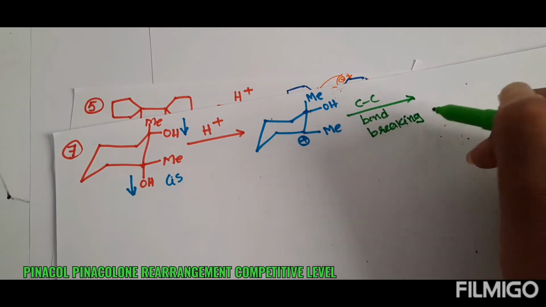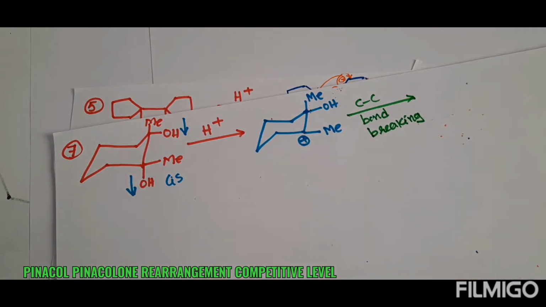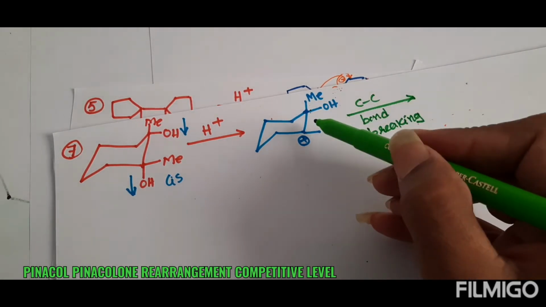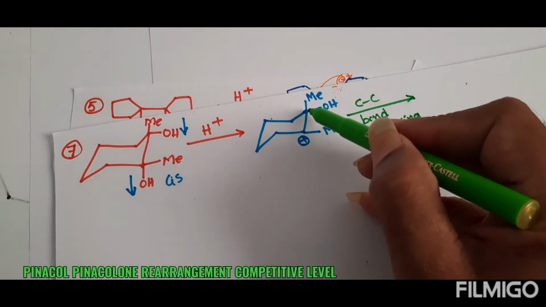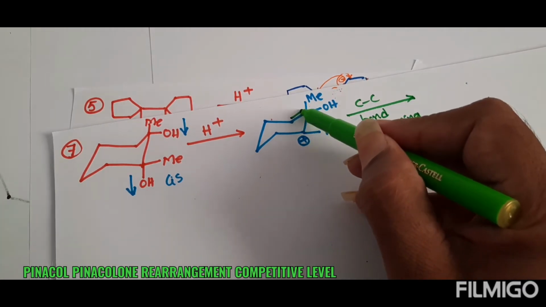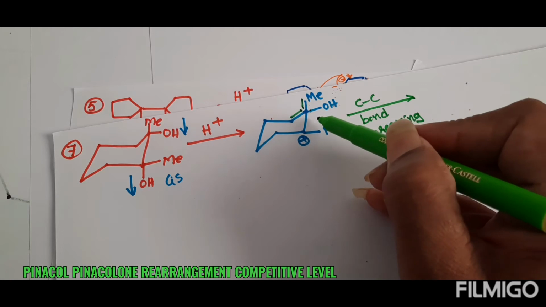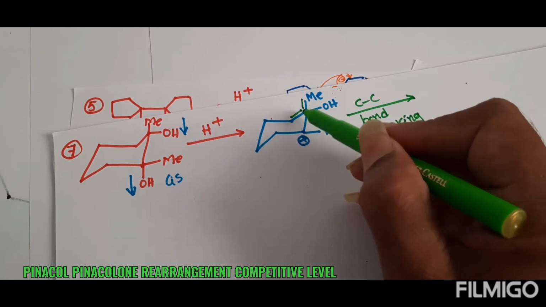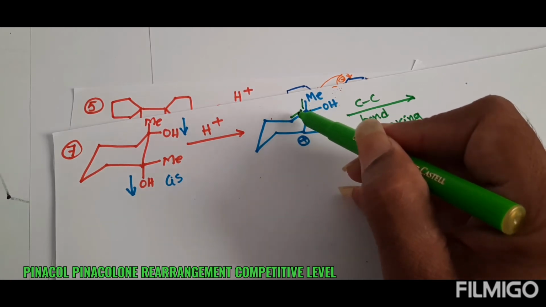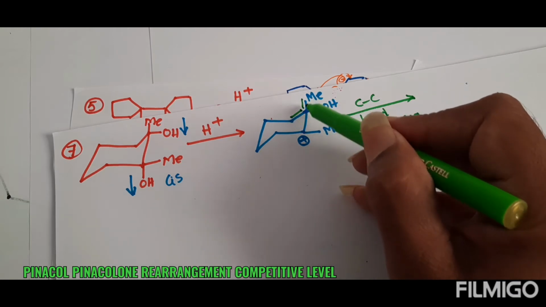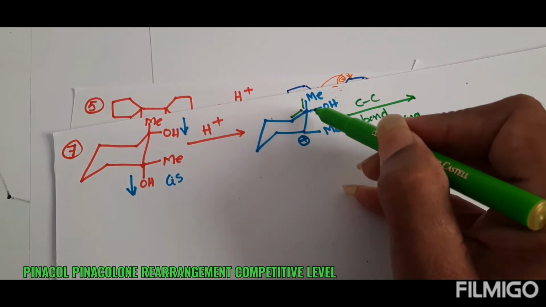How does the C-C bond breaking take place? Here this is the carbocation. This carbon has one C-C bond and another C-C bond here, and this is a C-OH bond. So either this C-C bond or this C-C bond can undergo cleavage.